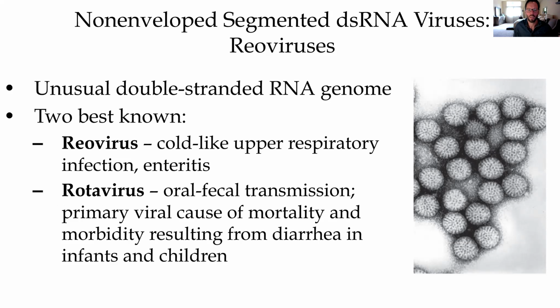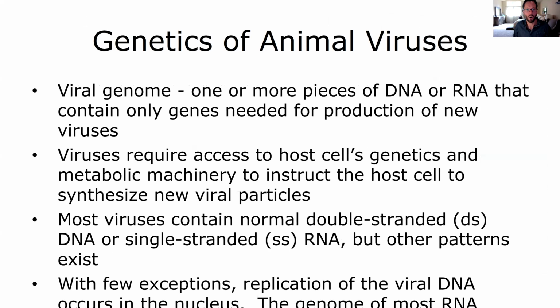It's gross. So oftentimes you get an outbreak of rotavirus and a bunch of kids get sent home because they have diarrhea. And of course, if you're in a developing country and you have diarrhea, that could lead to dehydration and death. So it's serious depending on your socioeconomic status and where you are.